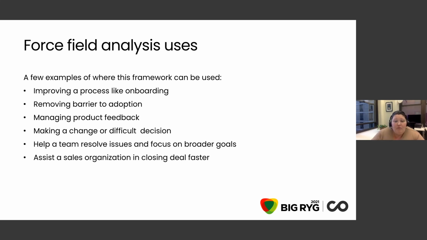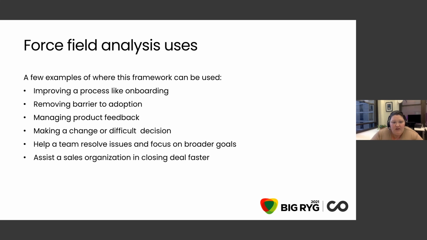This is a super valuable framework for something like that. If you're trying to drive people to log in more, engage with the product more, download more things, upload more things, whatever your product is, looking through the lens of adoption, through this framework, you can really identify both physical and psychological barriers to adoption and start to try to adjust or remove some of those.